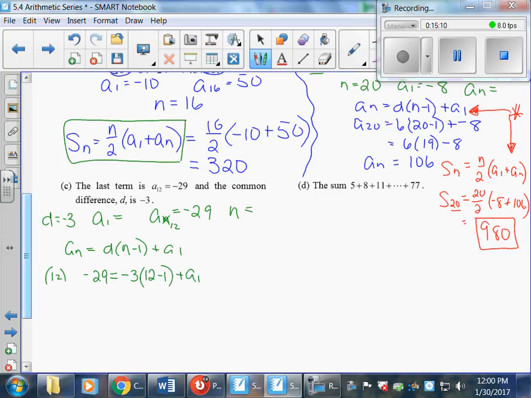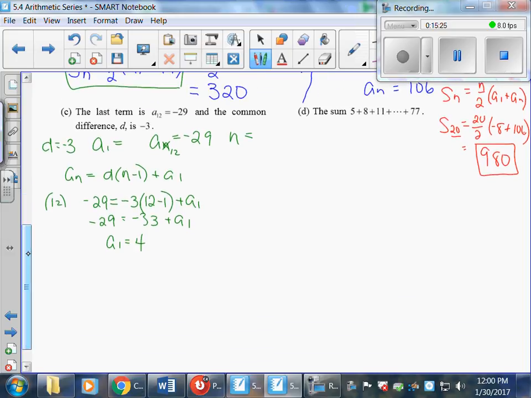We need that first term. When you solve all this, you get negative 29 is equal to negative 33 plus a1, and a1 turns out to be 4.